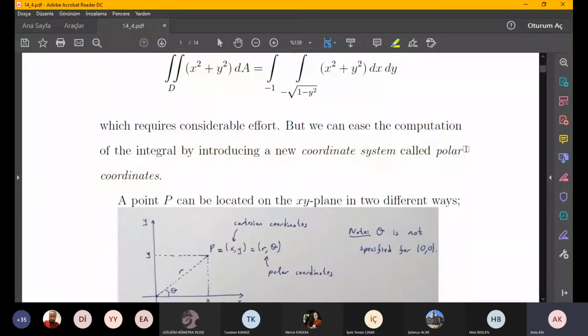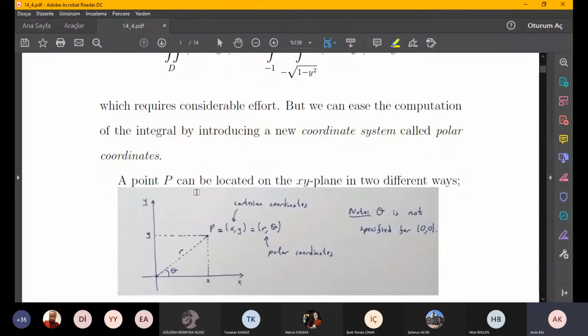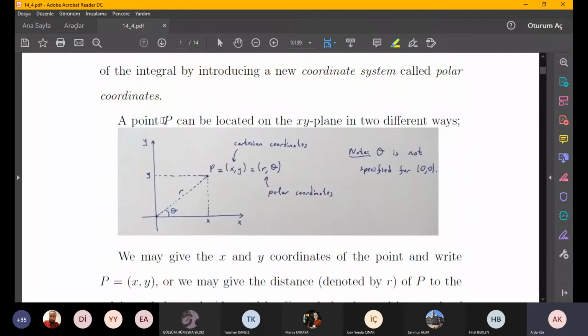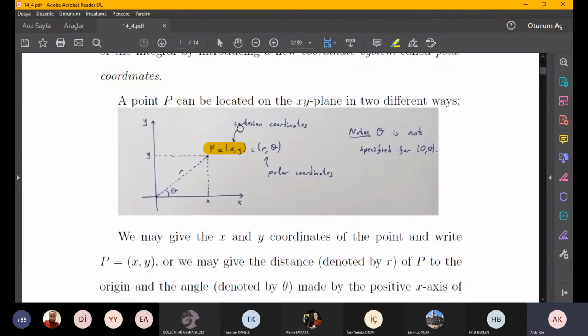So how can we define polar coordinates? Any point P in the Cartesian coordinate system can be defined as (x, y), right? It can also be defined by R and theta, as you can see here.